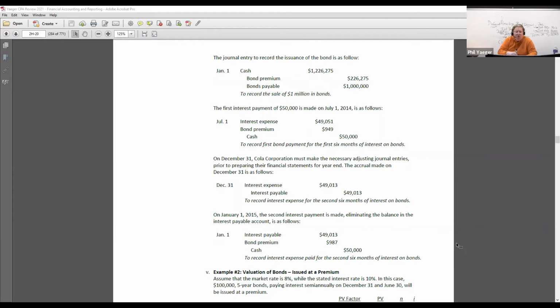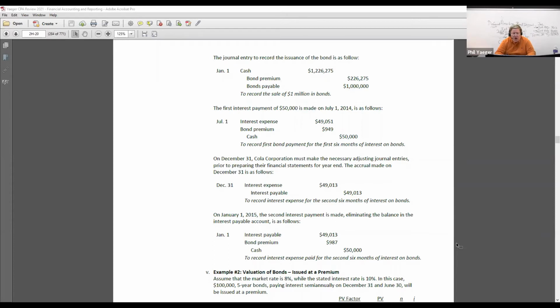January 1st, 2015. So how do you get the accrual? You go the day before January 1st, 2015, because that's the date you accrued the interest for the second payment, right?